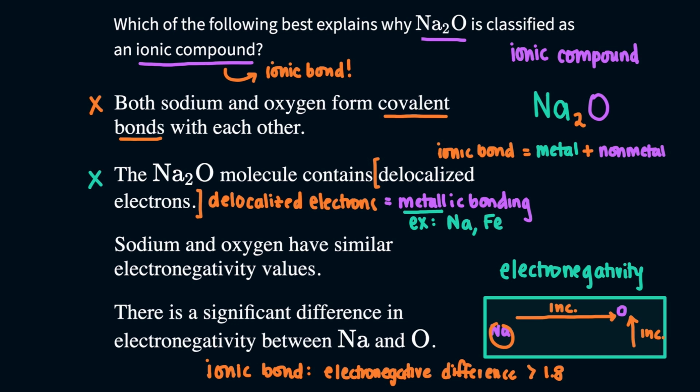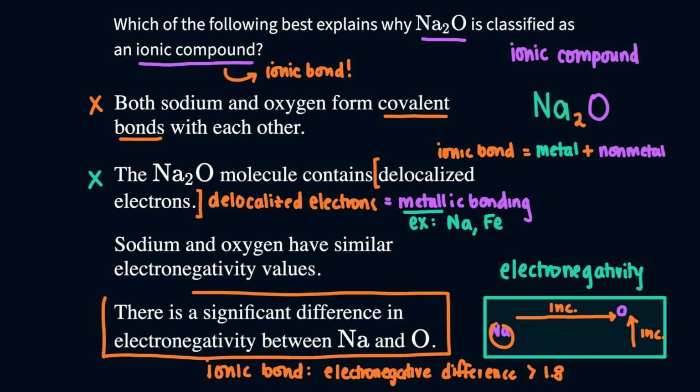Greater than 1.8, you are ionic. So, that is why D is the answer. They wouldn't have similar electronegativity values because they're not close to each other. They're metal and nonmetal, so that's good.